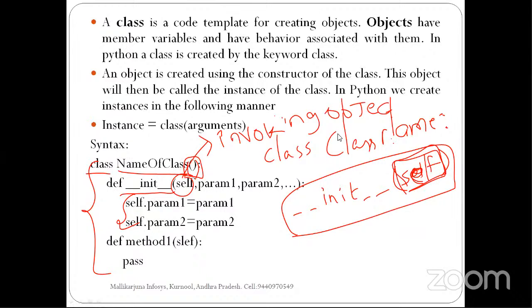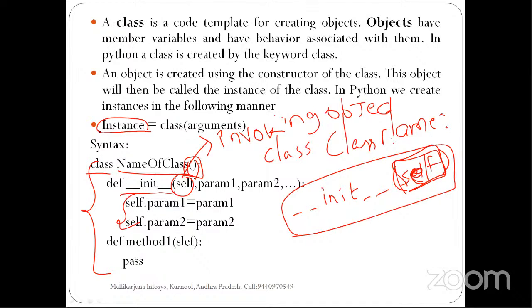With the help of that blueprint, we can create n number of houses with the same measurements, same directions, same plan. Similarly, if you design one class, with the help of that class we can create n number of objects that we call instances. Once you create one class, based on that class you can create n number of objects or instances.